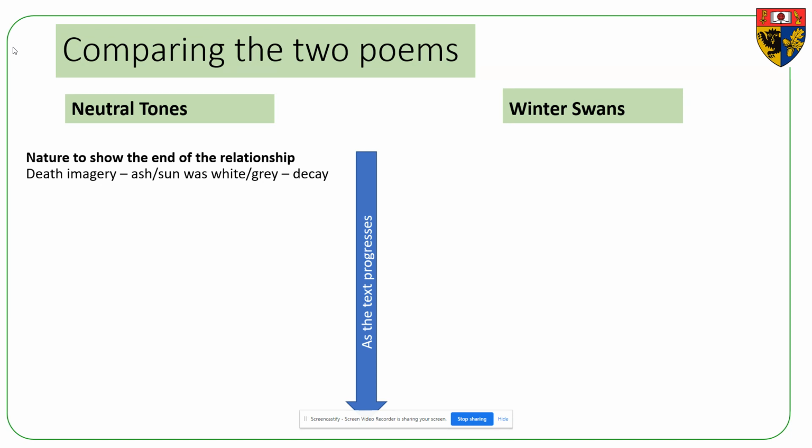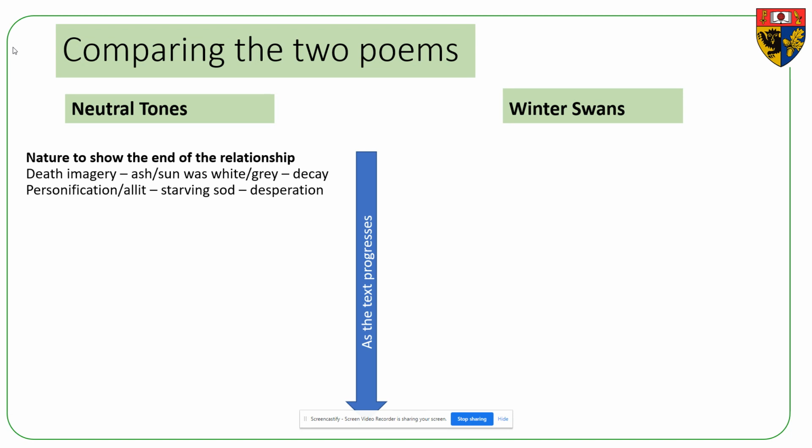And that is particularly because of the connotations of fire and burning that you get just simply through that dual idea of the ash tree with the idea of ash in general. You've also got the white sun and the grey. All of those together suggest this idea of decay and death and pain and suffering even as well.